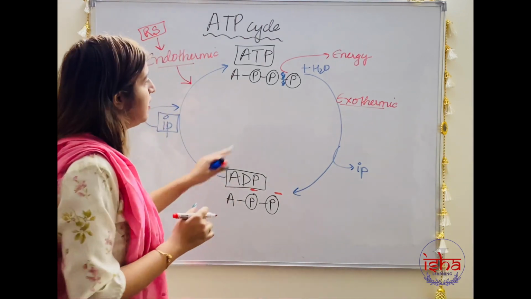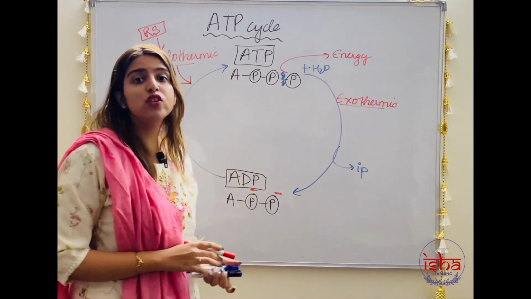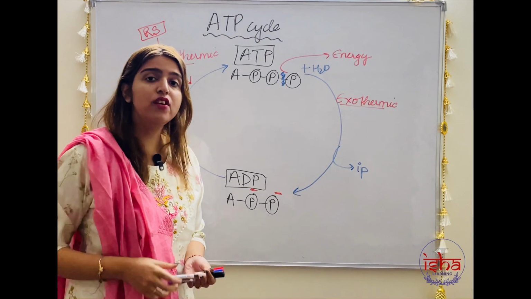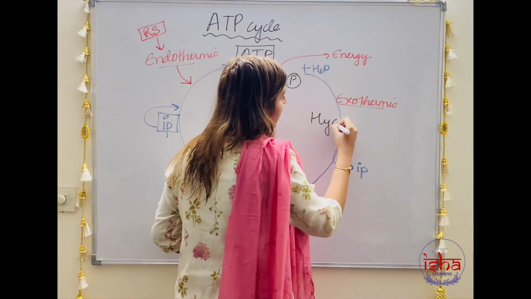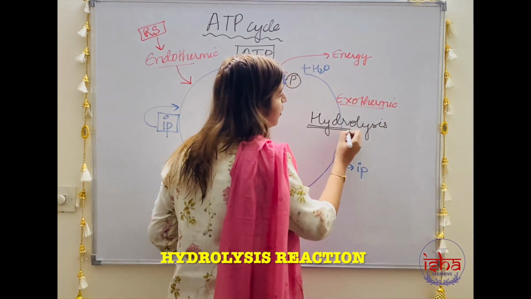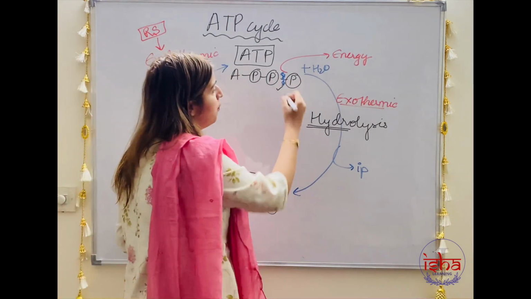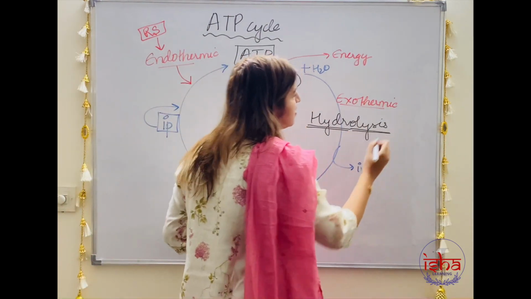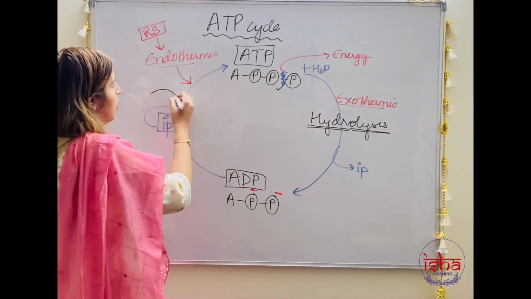Now you see here in this case, water is required for the cleavage of this bond. This kind of reaction is known as a hydrolysis reaction. Hydrolysis, why? Because hydro means water is causing the lysis, a breakdown of the bond. So this is a hydrolysis reaction. In the other case, it is going to be the opposite.